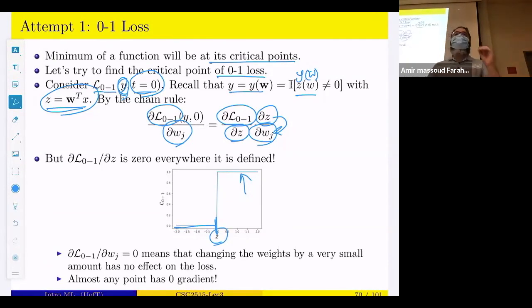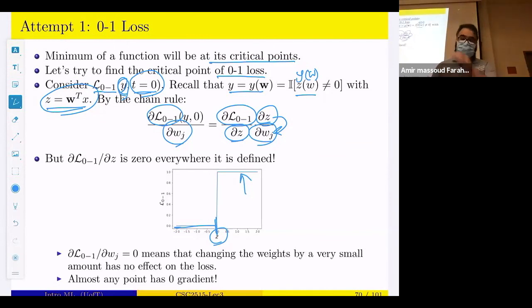Now we need to compute its partial derivative with respect to z. So what would be the partial derivative of this function? Zero, except at one single point where it's not differentiable. So what is the problem of having a partial derivative of 0? It means it cannot be updated.